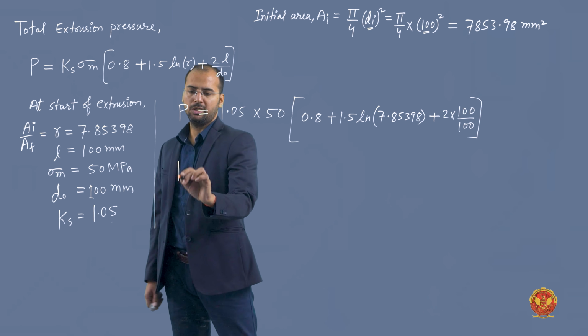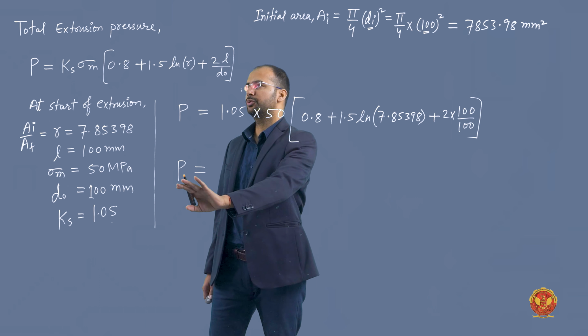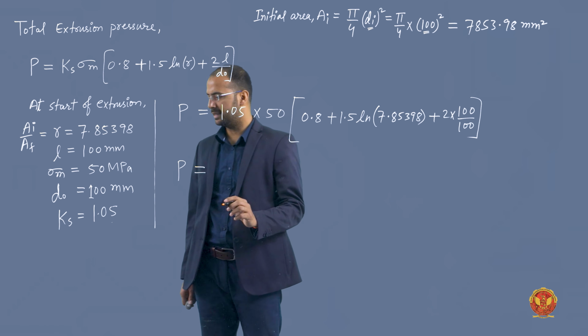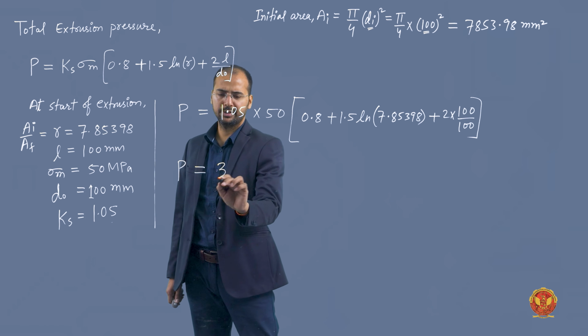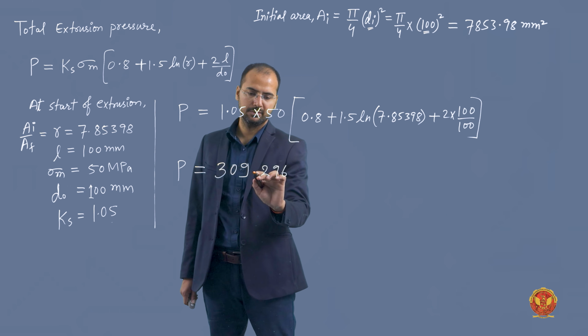So when we solve it with the help of a calculator, we will get the value of total extrusion pressure in megapascal as 309.296 megapascal.